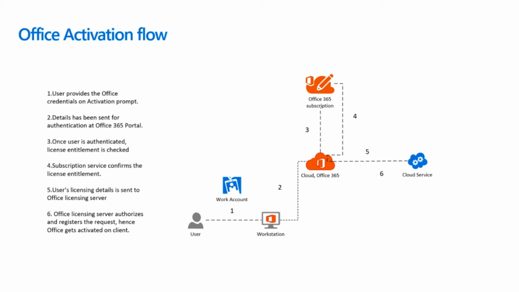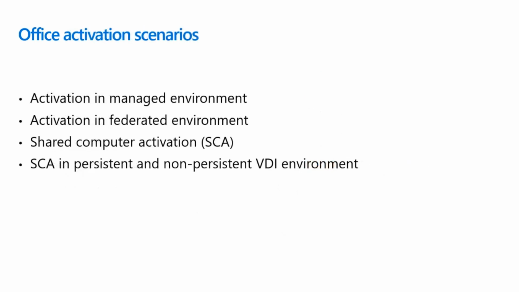So now the Office Licensing Server, that is OLS, authorizes and registers this request. And once this is done, the Office activation is done and the user will be able to use the product seamlessly. So these are some of the Office activation scenarios that we come across.